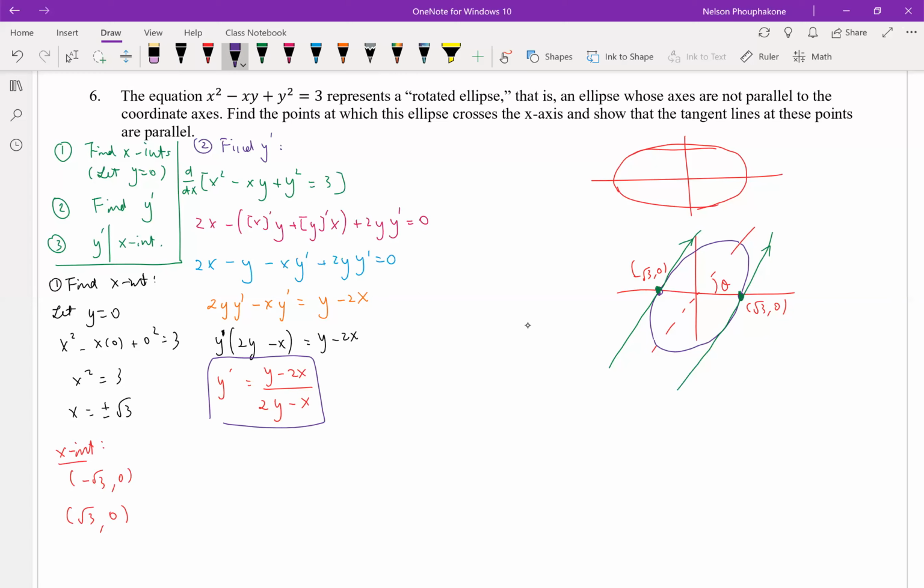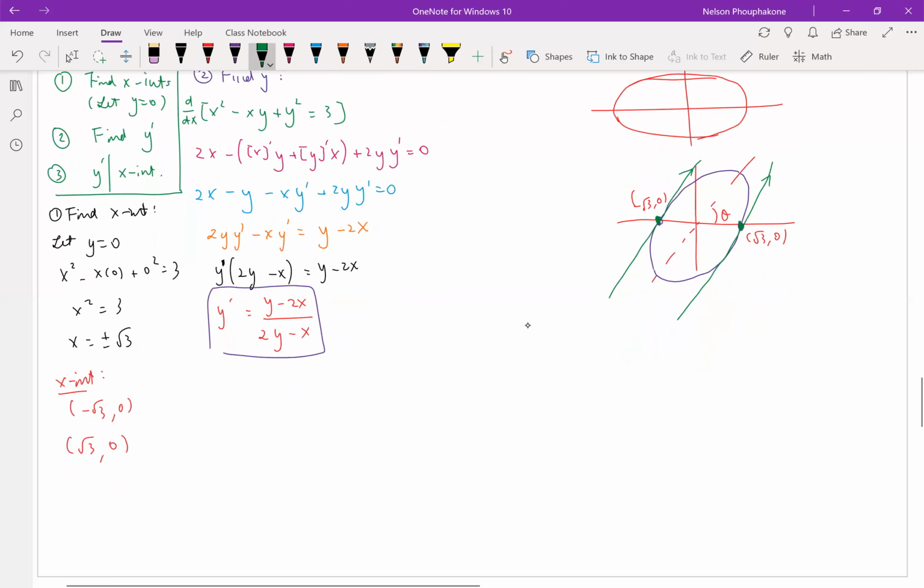Then step number 3, we are going to evaluate at the 2 points.